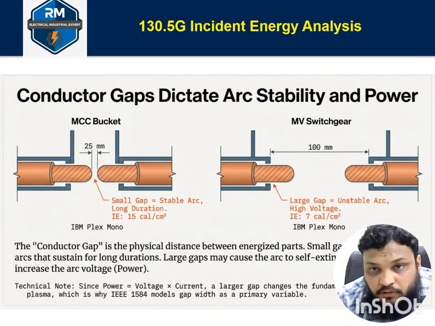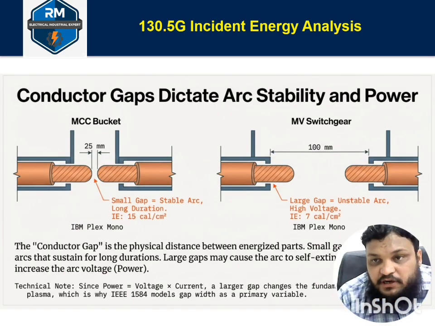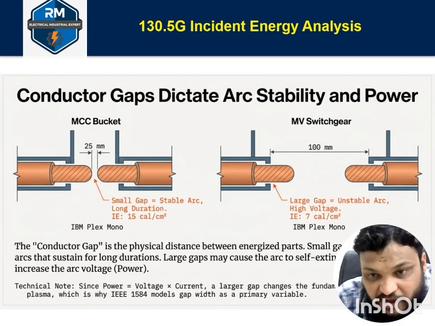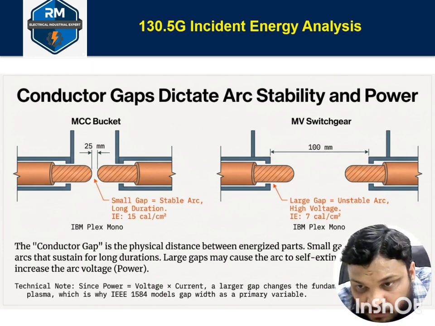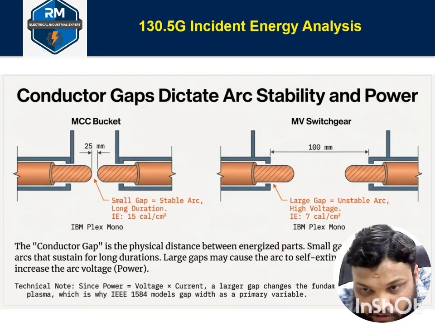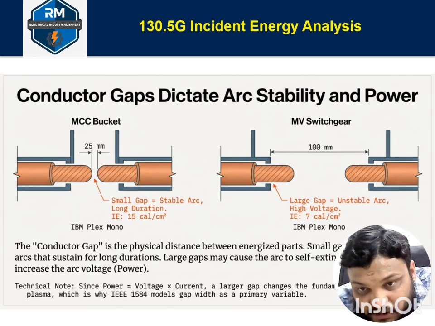Now the other important parameter is the conductor gap. Look at the picture. When the gap between the conductors is about 25 millimeter, a small gap, the arc is stable and it takes longer to clear the arc flash. The incident energy is 15 calories per centimeter square at 25 mm between the conductors.